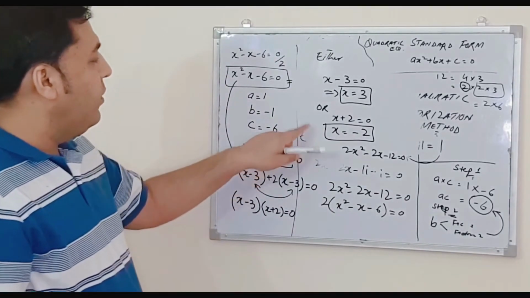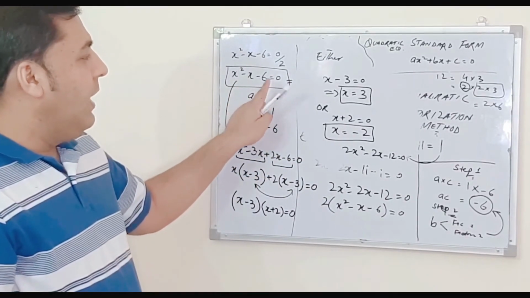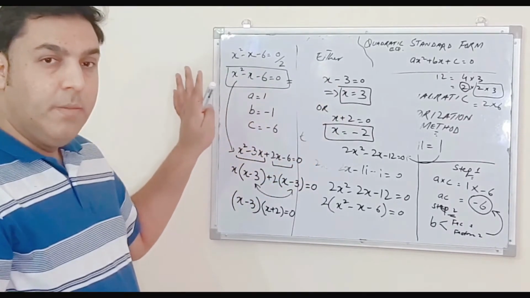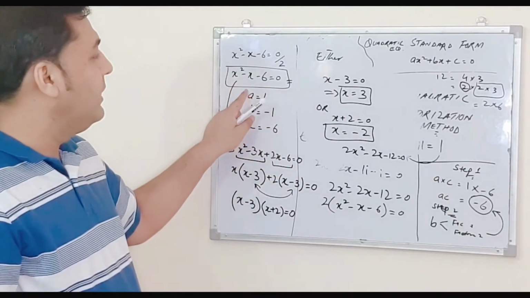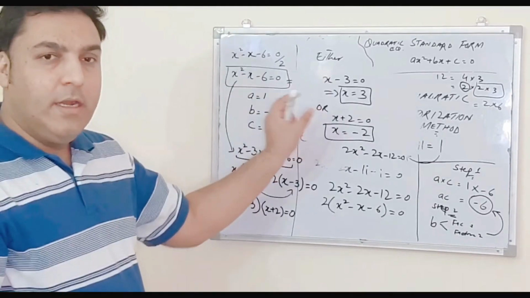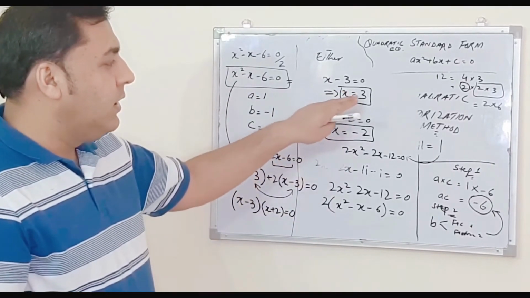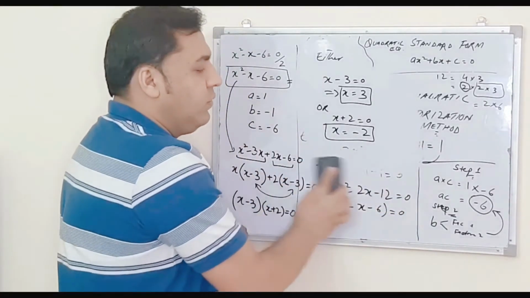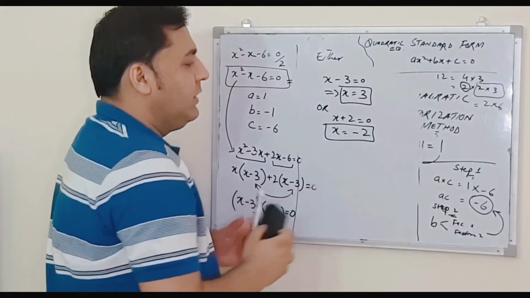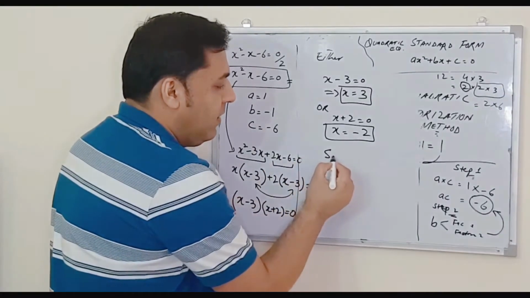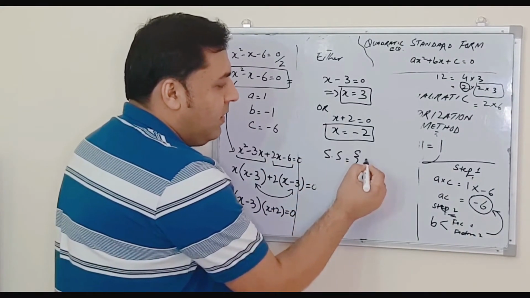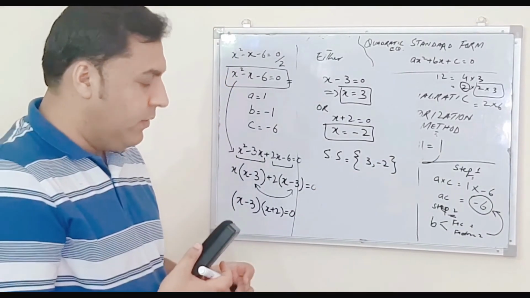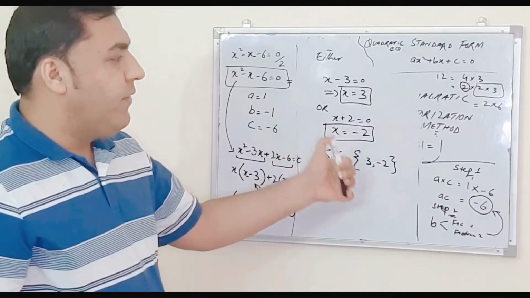If I put these values here, I will get left hand side equal to right hand side. Both values will satisfy it. So these are the solution set: 3, minus 2. This is the solution of the equation by the factorization method.